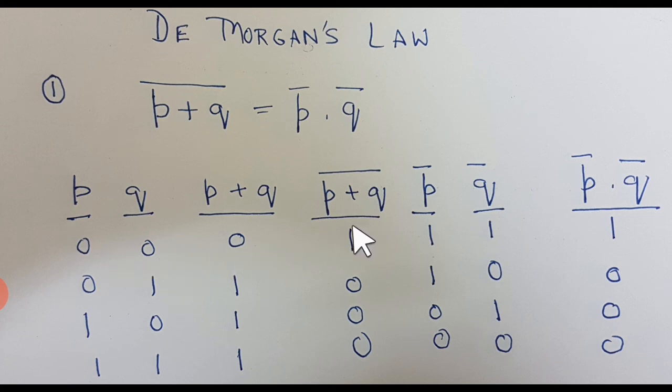Now we have got the complement. Complement, what it does, it simply negates the value. Alright, so P plus Q output 0 1 1 1 will be negated here or complemented, so we get 1 0 0 0.